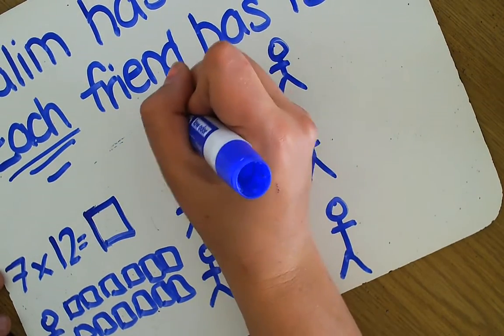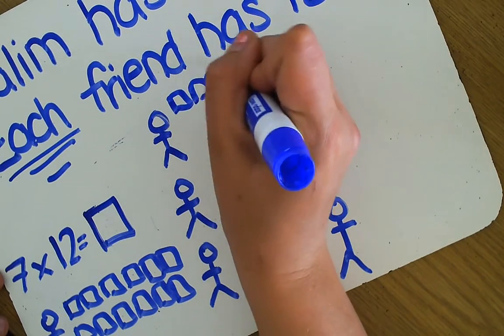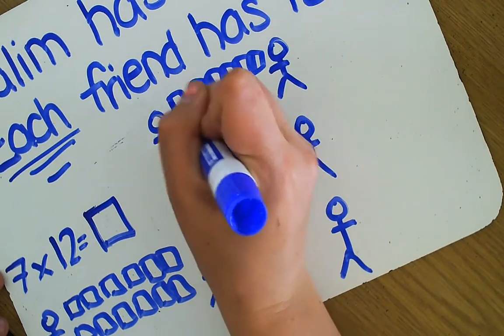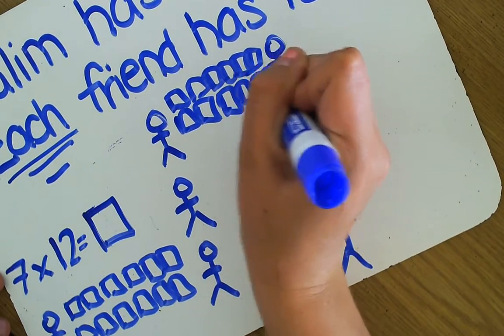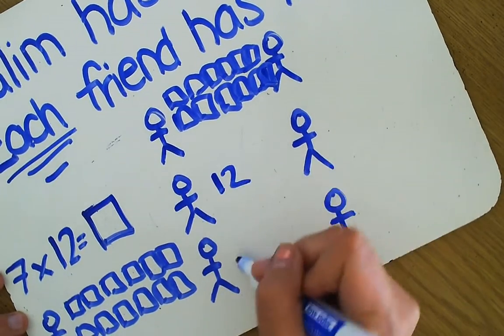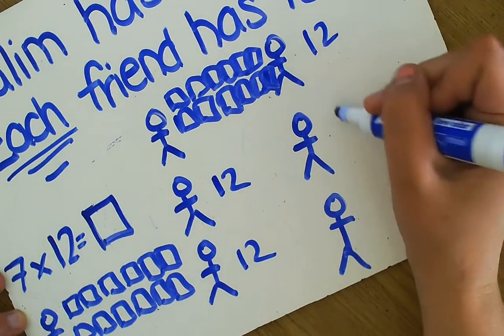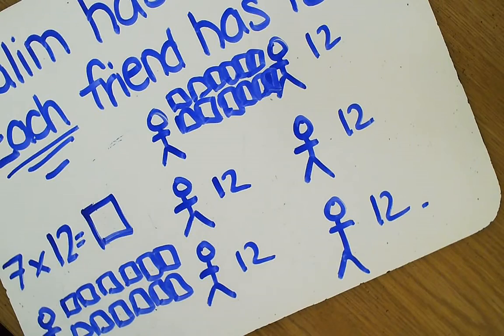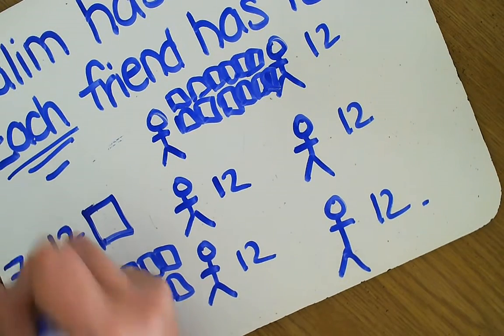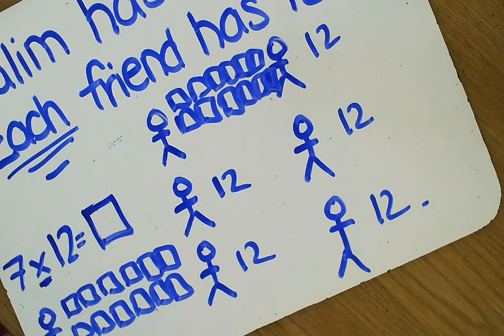Okay, it also means that this friend has 12 books. This friend has 12 books, and so on, and this friend has 12 books. Each of them have those 12 books. So that's what clues us into the multiplying.